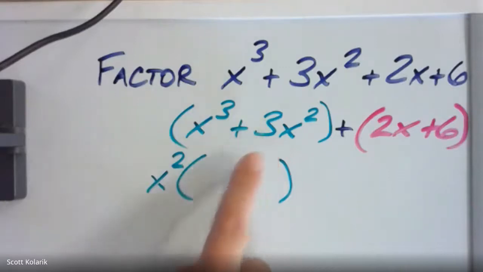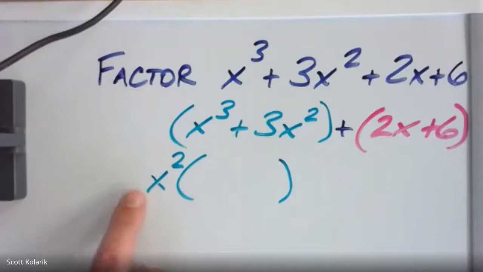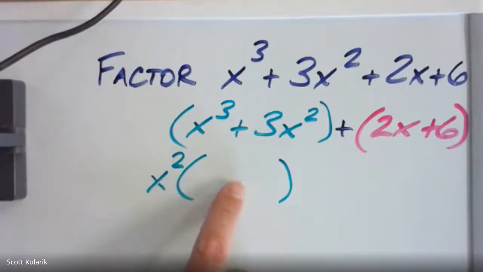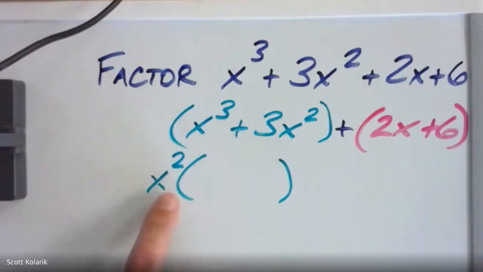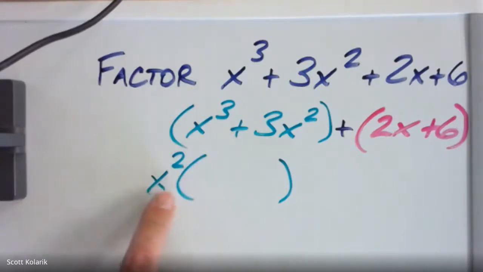That's how math works: if I do an action, I should be able to undo that action. Distribution, if I were to multiply this x squared back in, is done by multiplication. So when I factor something out, it's not subtraction, it's not taking something away, it's dividing something out, because division undoes the multiplication that would happen in a distribution case.